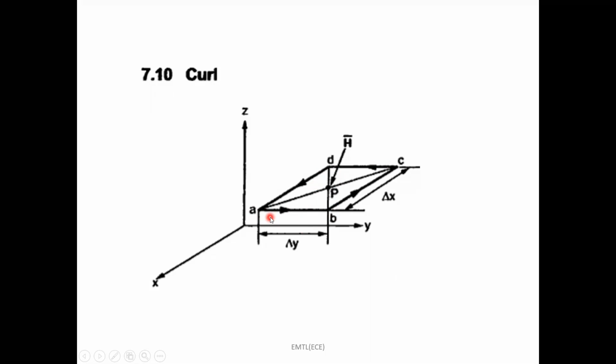Because as the current direction changes, the coordinate axis, whether it is positive or negative, also changes. So we have to take all of these into consideration to calculate the H bar value. Okay. So first we calculate the H bar value at P due to current traveling from A to B.